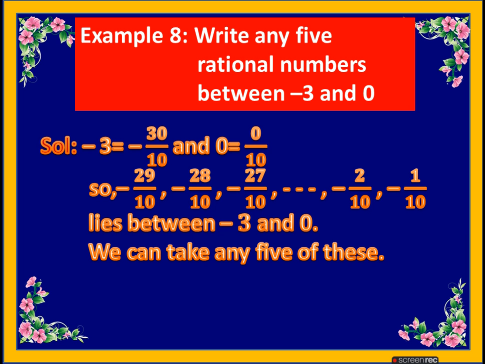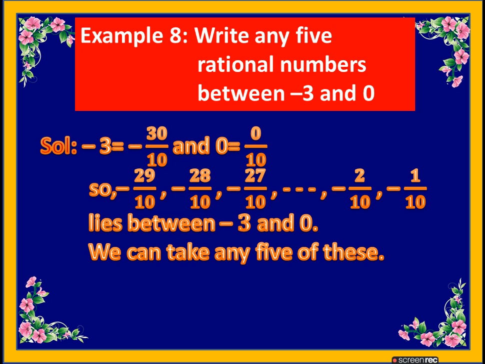Leaving out -3 and 0, only -2 and -1 are the integers between them. So that's why we have to write 5 rational numbers.